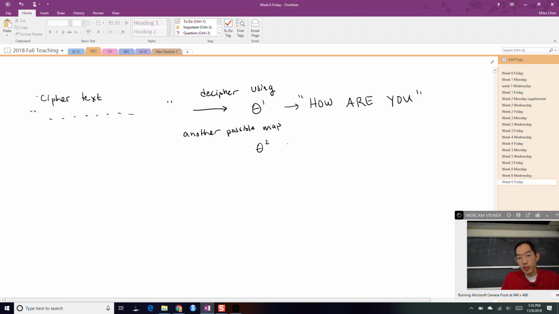Theta 2 could be, I don't know, hot are you, all right? Now, this is also quite possible, right? The only difference is that one mapped, you know, the third letter to W, and over here the third letter got mapped to T. These are also possible, right?